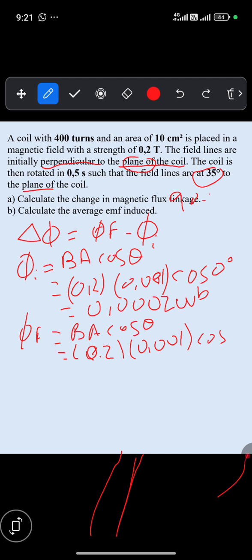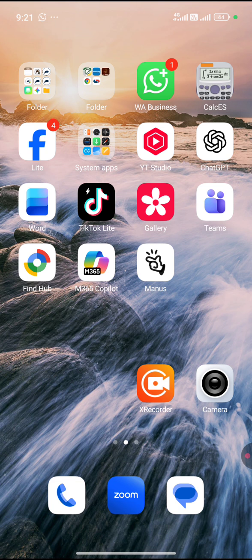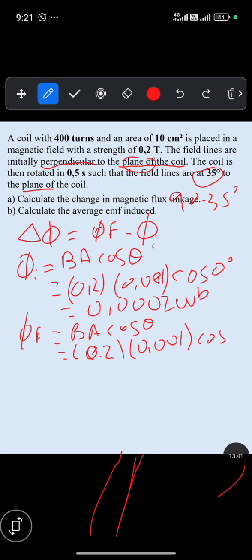So I say 90 minus 35 degrees, so you put 55 degrees, because 90 minus 35 is 55.